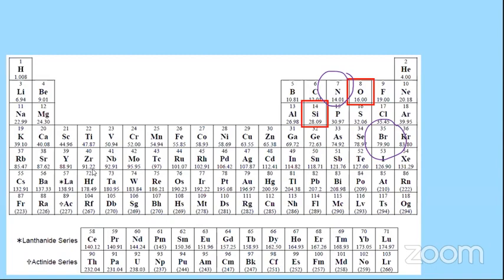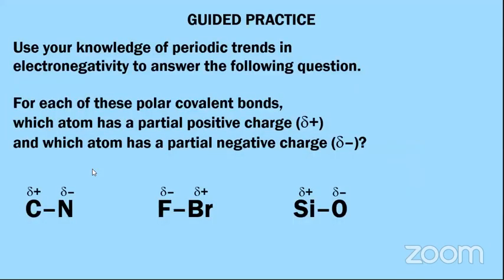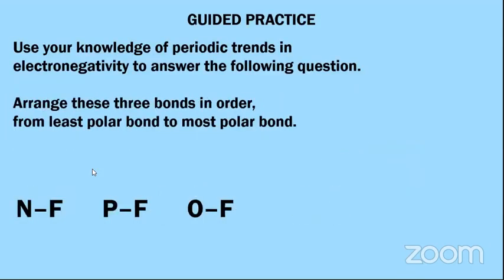So that would not be a fair comparison without electronegativity values. All right, now we're going to be given three bonds and we have to arrange them in order from least polar to most polar. These are all containing fluorine and then either nitrogen, phosphorus, or oxygen.